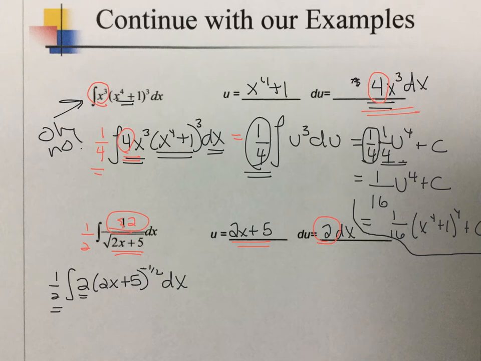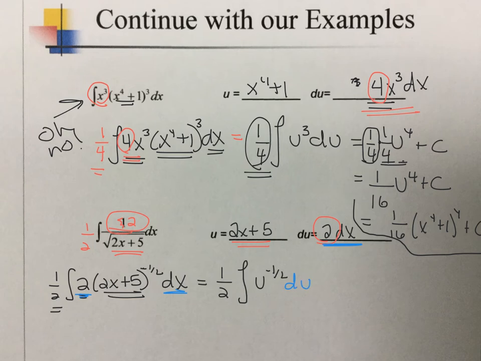So now I'm going to do my rewrite. I'm going to bring that 1/2 with me, and I'm going to integrate. Now this is our u, so u to the negative 1/2, and then the 2 dx, okay, is our du.